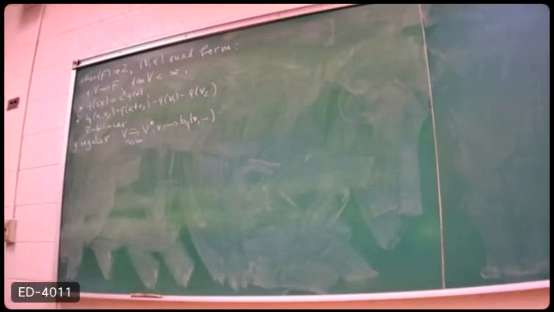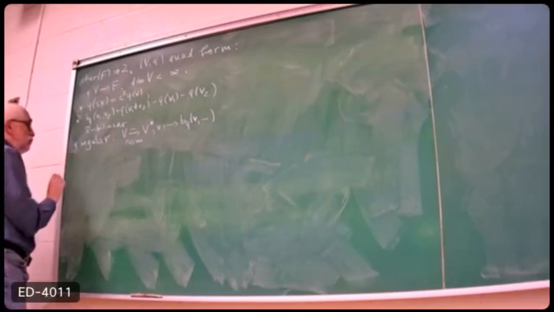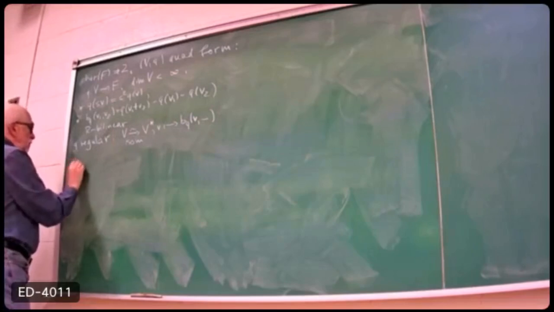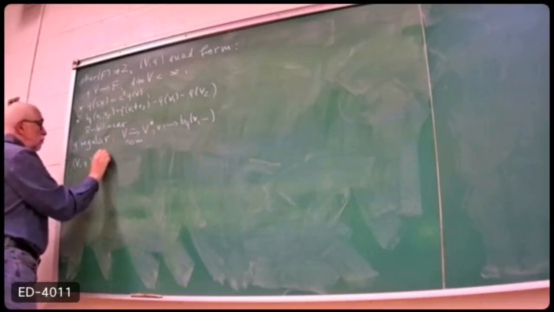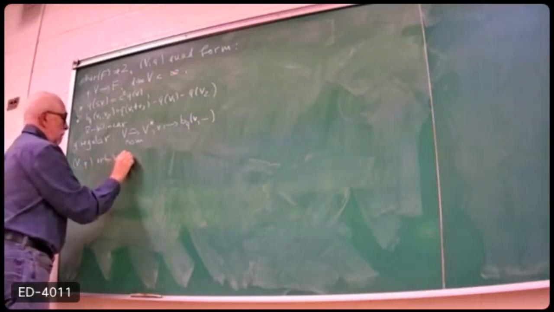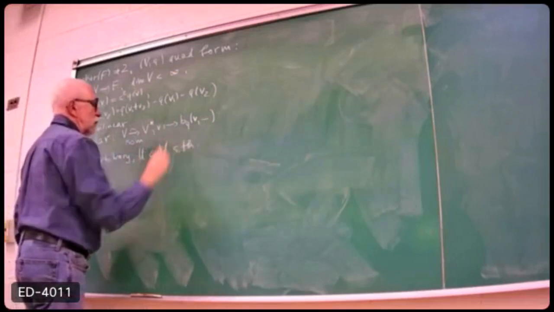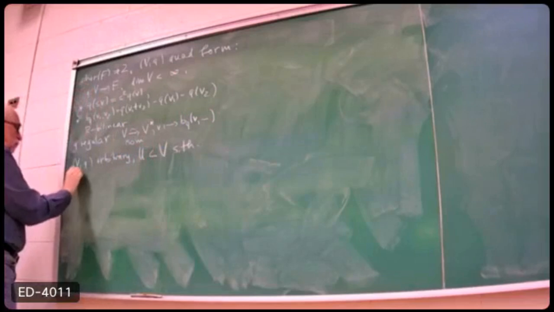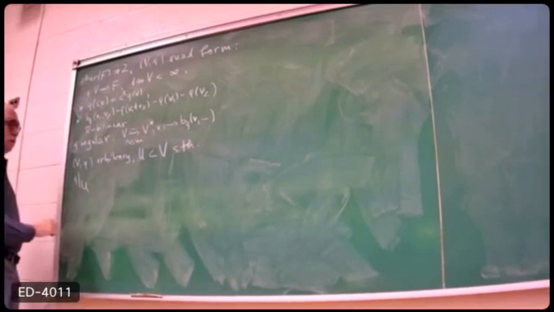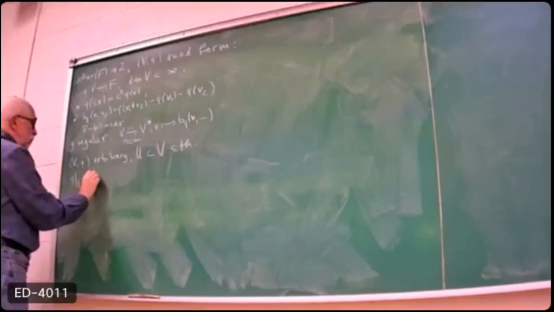And I tried to convince you that regular quadratic forms are the quadratic forms to study. In particular, I mentioned the following very useful property: you have an arbitrary quadratic form, and you have a subspace U such that the restriction of Q to U, which is then a quadratic form on U, is regular.